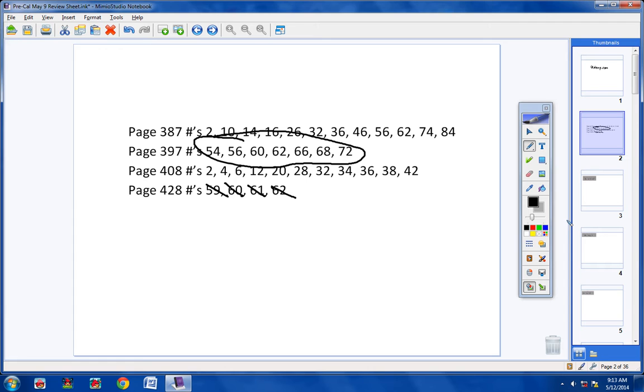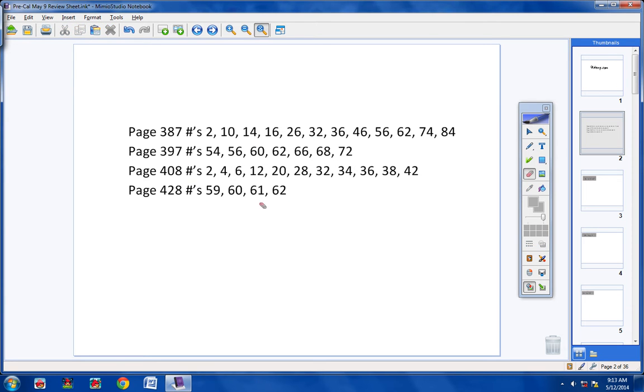So on your test, if you look at numbers 6 through 9, that's going to be two problems, page 387, numbers 2 and 84. Okay? Matthew, it's totally up to you.